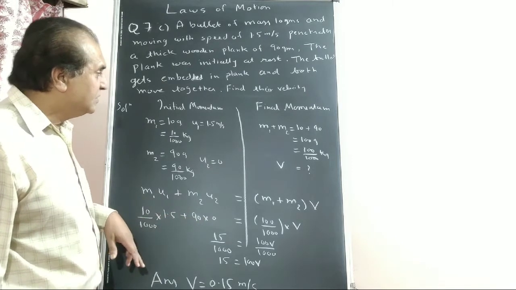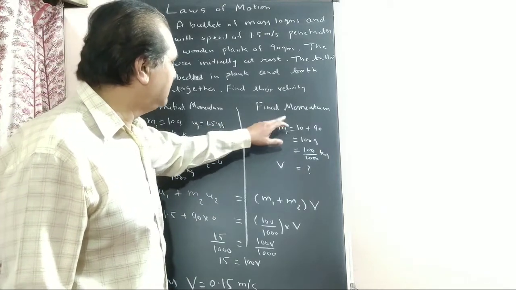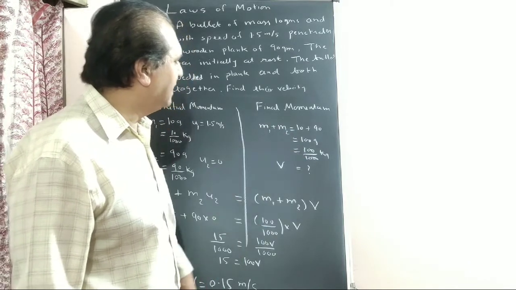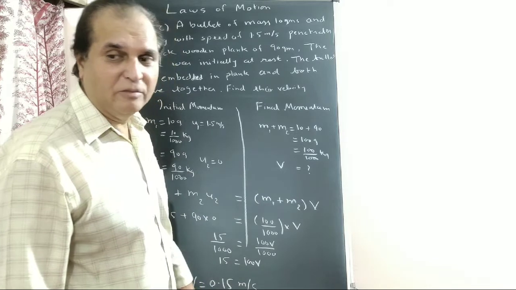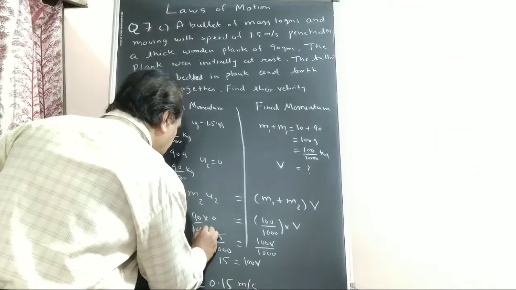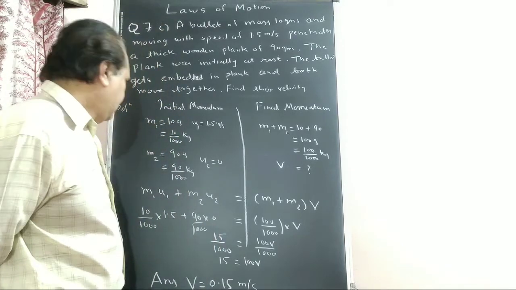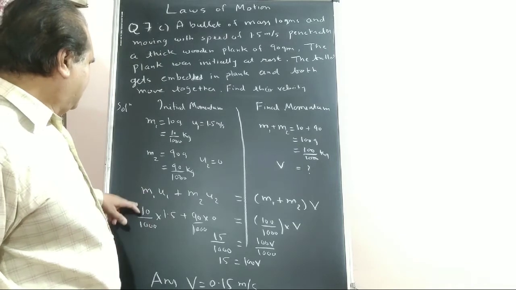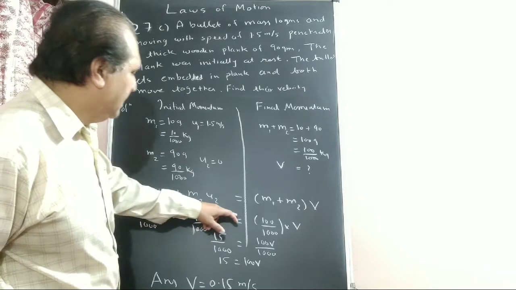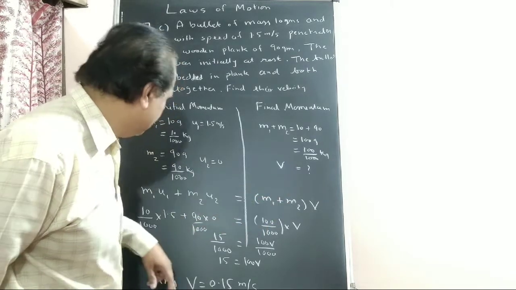Now the final momentum. M1 plus M2 is 10 plus 90, 100 gram. Convert into kg, 100 upon 1000 kg. And V you have to find out, because now that is just one object. So the calculation: 10 upon 1000 into 1.5 plus 90 upon 1000 into 0 equal to 100 upon 1000 into V, because there is only one mass.